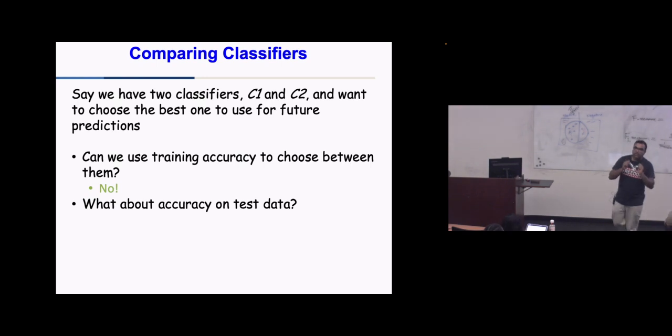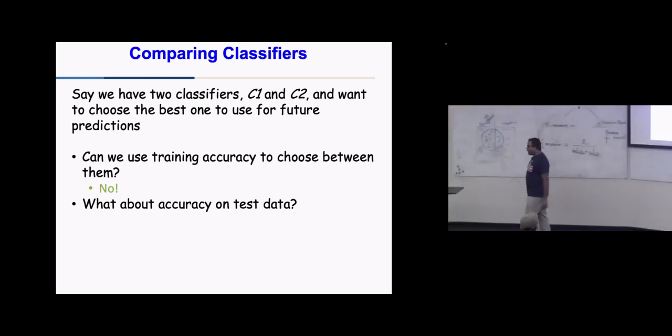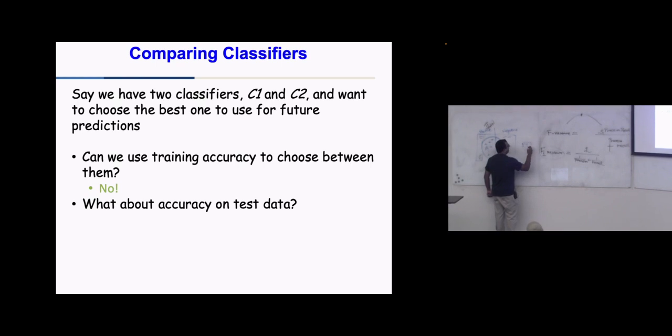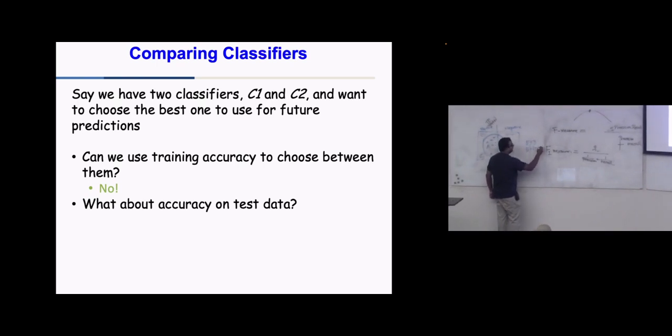But then again, even if this is the perfect one, let's say one model has accuracy of 59.3 and the other one has 59.25.